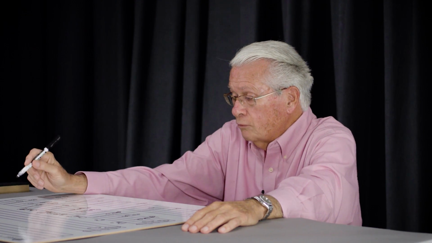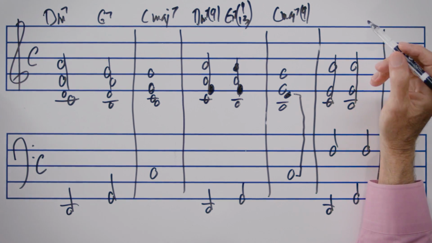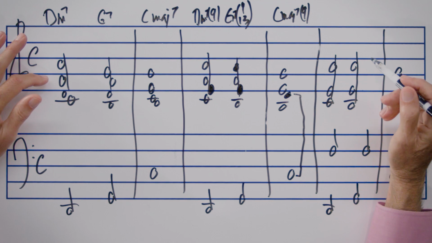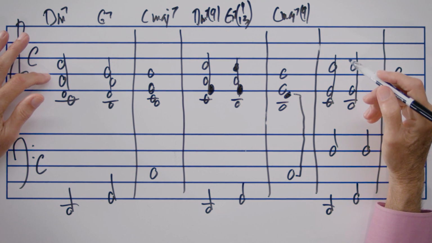Okay, so as we look at our first contact with open position chords, what we're going to do is drop the second voice of the chord. When it's in close position, we're going to drop that note 1 octave. And we must be careful that we do drop that 1 octave only. It must be 1 octave.